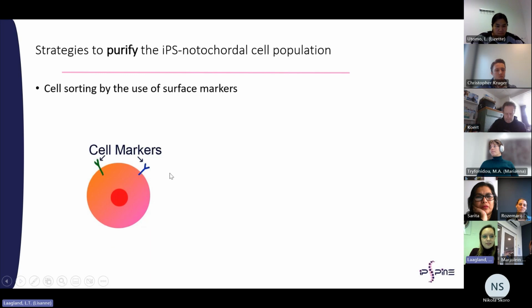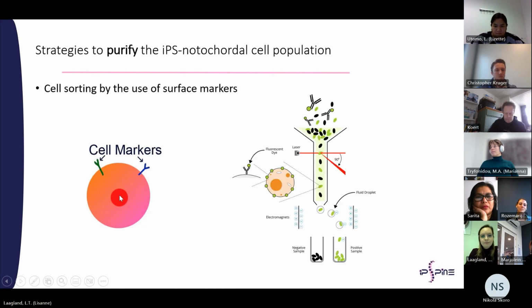These markers are present on the outside of the cell. And what we can do is label these cell markers with a fluorescent dye. And then with a very fancy machine, which makes use of a laser, we can sort out the cells that only have this marker. So then you end up with a population that only contains the cells that you want.